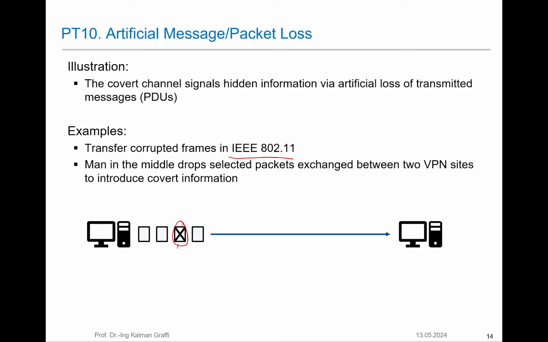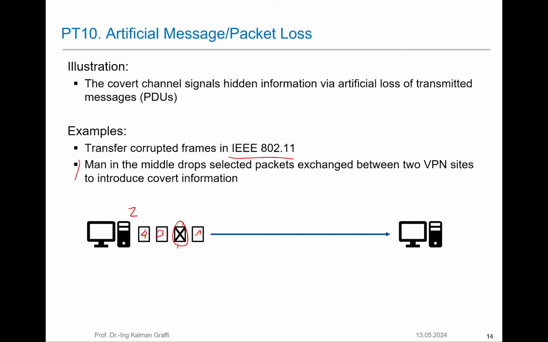Then they are numbered 1, 3, 4, and the recipient learns that 2 is missing. That might be some information. Obviously, 2 is then sent later because you know that the protocol will recover the information, but it already signals some information to the recipient.